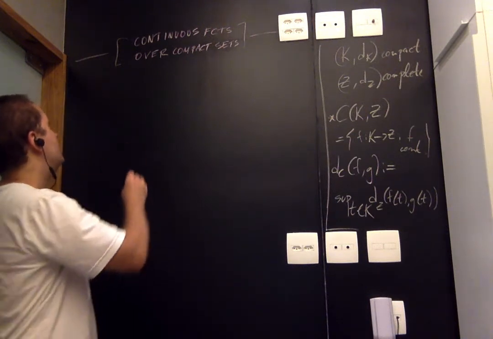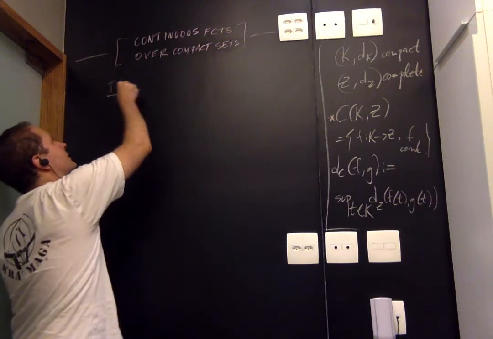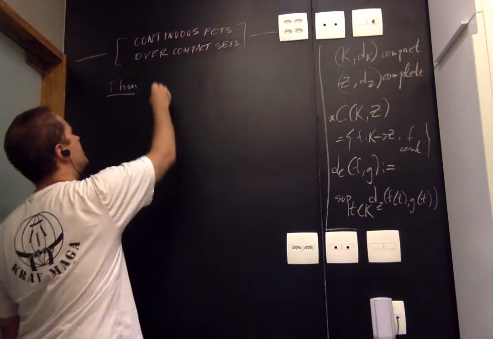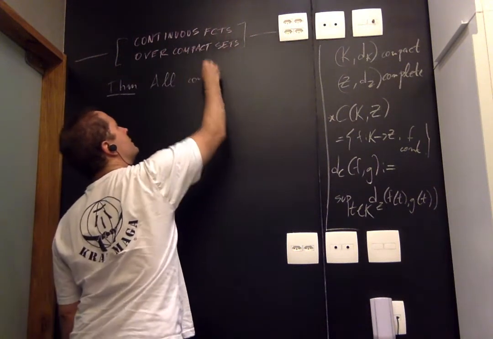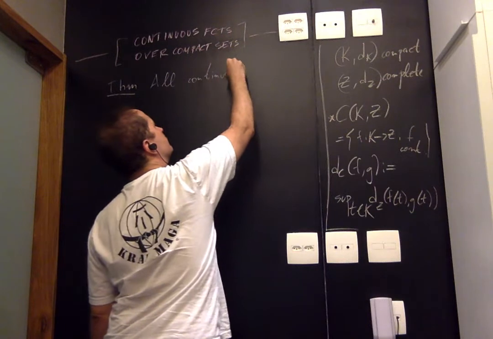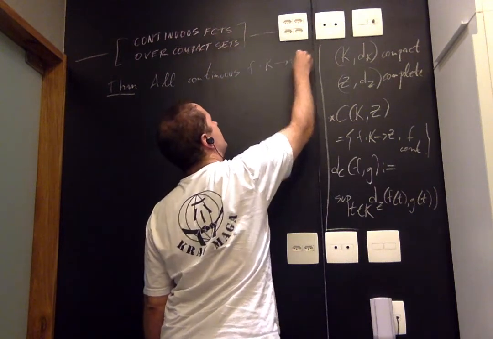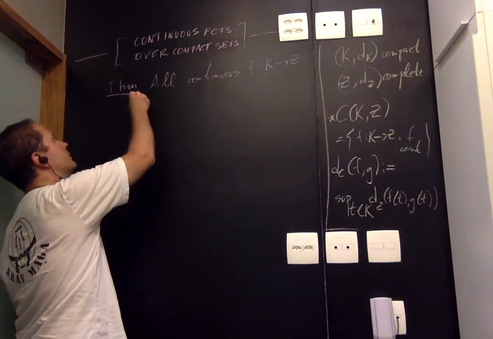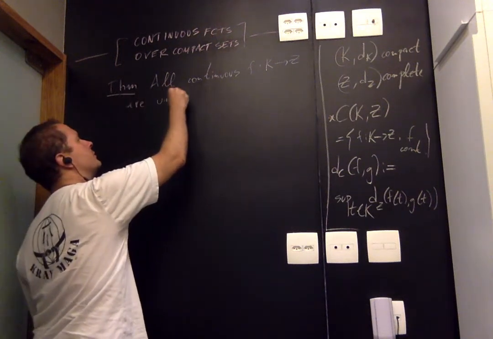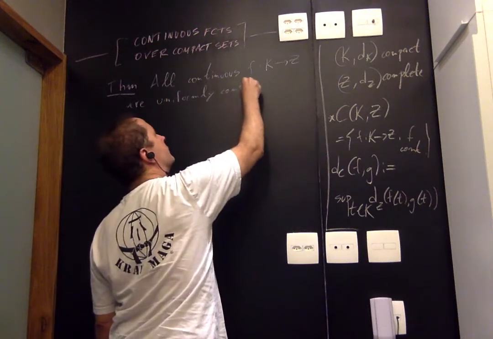But I want to begin with something that's not about the space, that's just about individual elements here, which is saying that all continuous f from K to Z are uniformly continuous. And what does that mean?